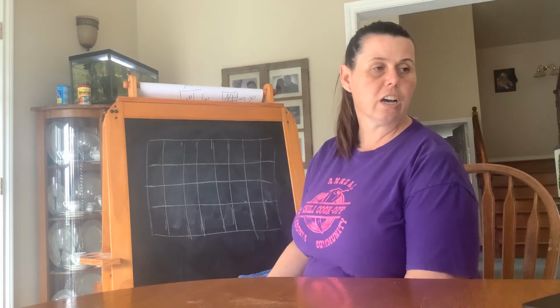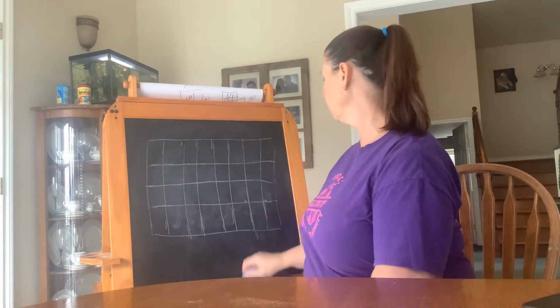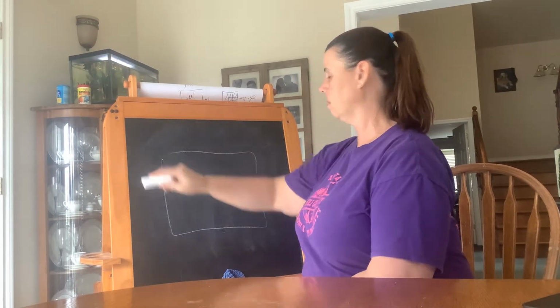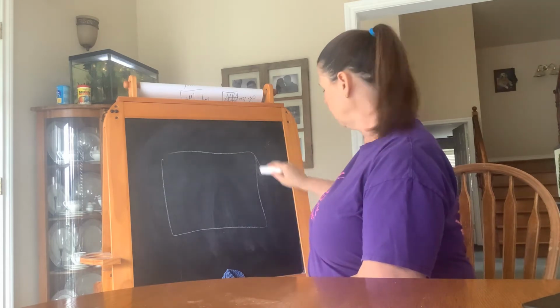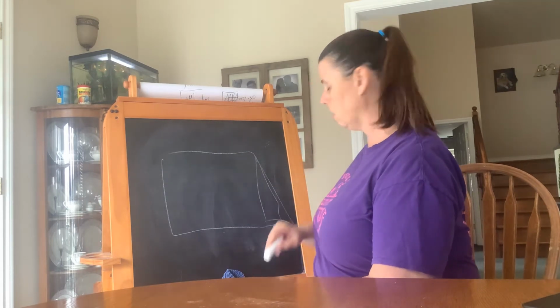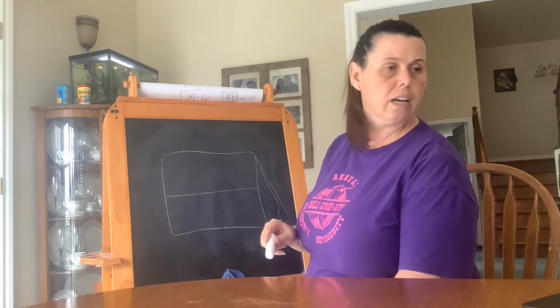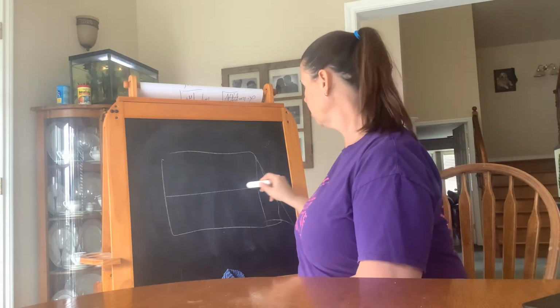So they've got a rectangle. I didn't even need the graph for this one. All right, rectangle, right? It's got a triangle off to the side. It's 4 centimeters this way.